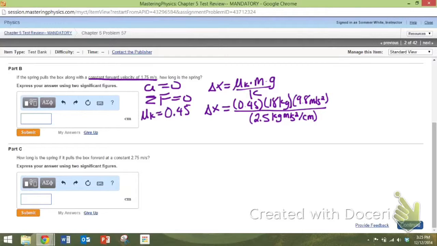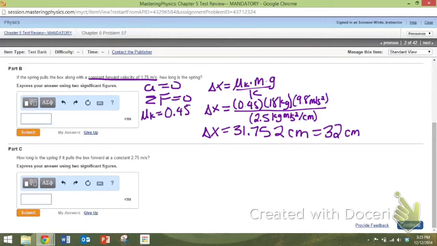Remember, kilograms meters per second squared is the definition of a Newton. So when we put all this into the calculator, 0.45 times 18 times 9.8 divided by 2.5 gives us 31.75 centimeters. However, it asks for 2 sig figs, so we are looking at 32 centimeters.